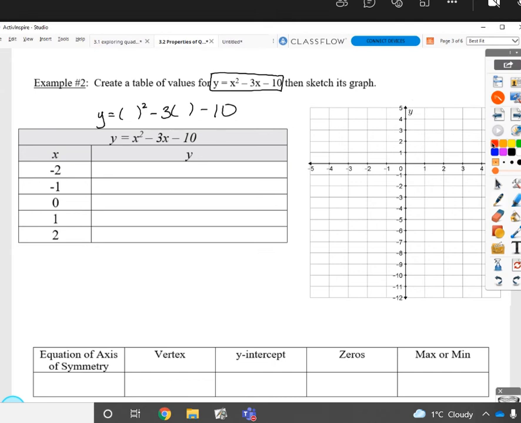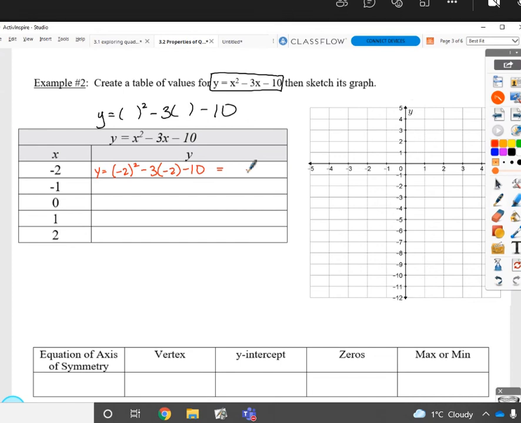If you type this in very carefully, I'm going to go open bracket, -2, close bracket, squared, -3 times -2, minus 10, and we'll see what that equals. -3 bracket, -2, close bracket, minus 10 equals, and when I hit equals, I get 0.